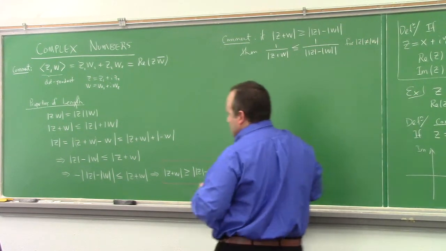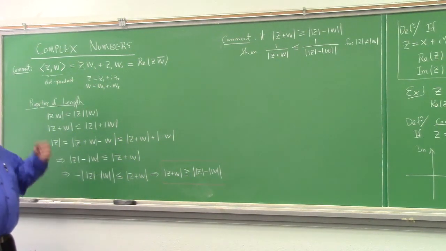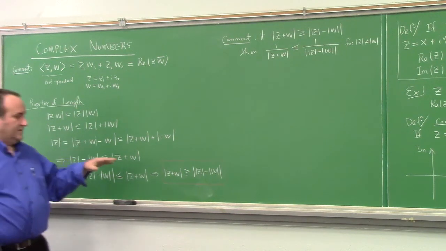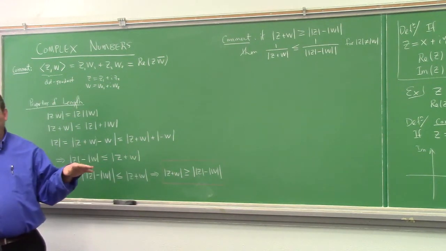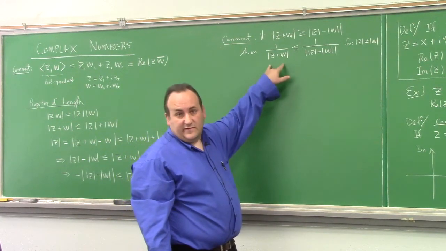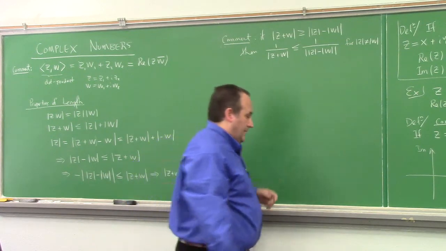That would give us 0, and we can't divide by 0. That's still true here. So this is useful because it gives us a way to bound reciprocals. Later in the course, we use this inequality a lot to find a bound for things.